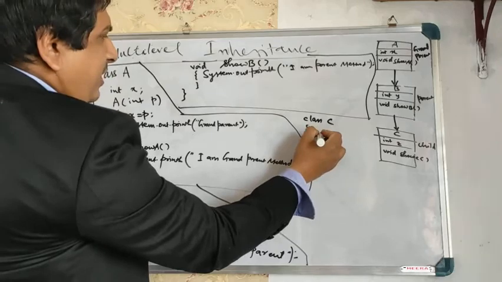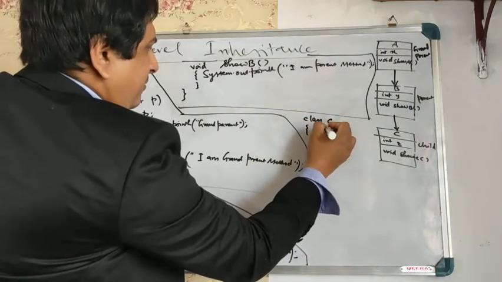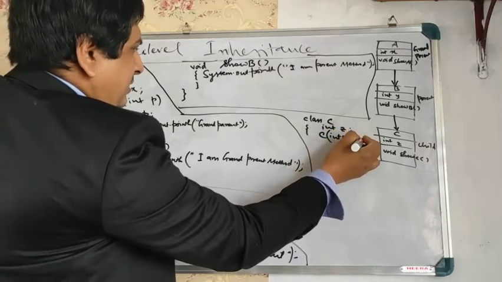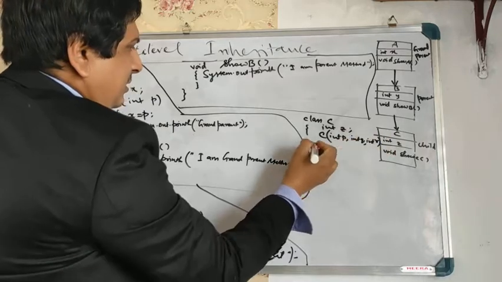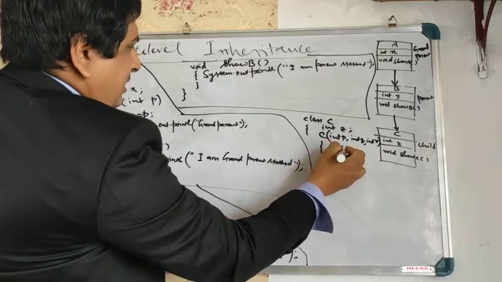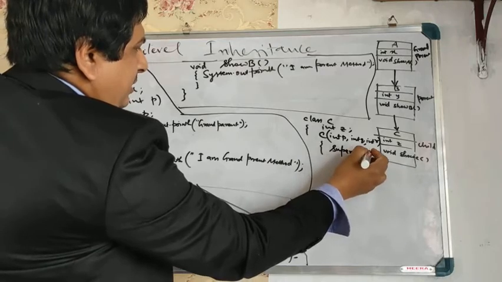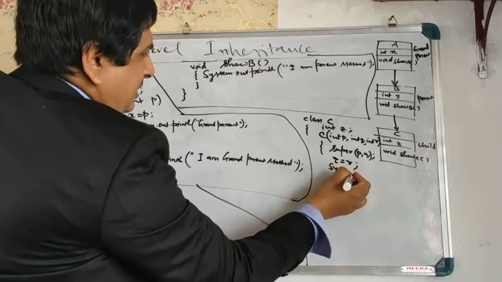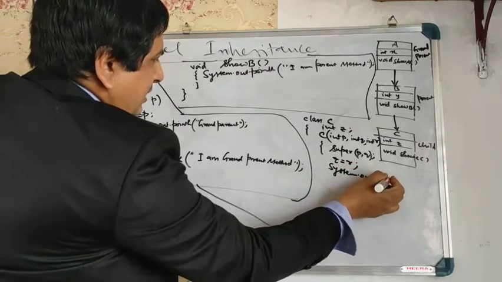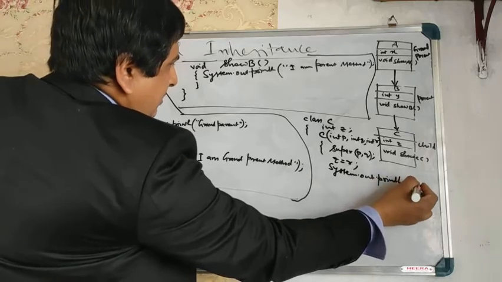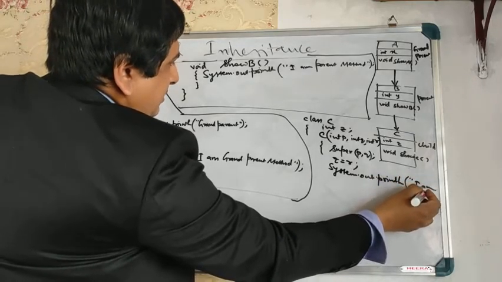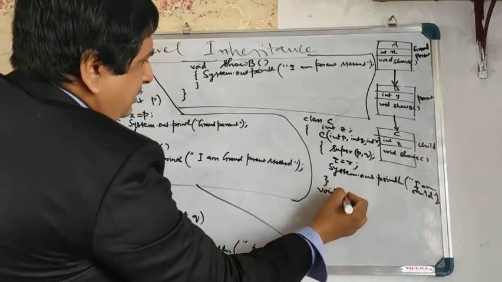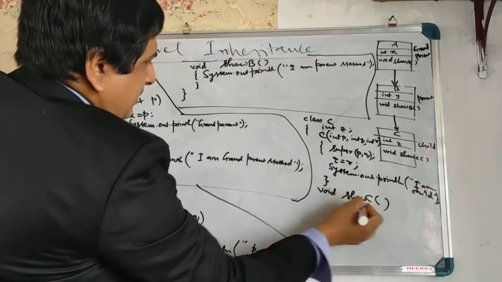Here I am defining the constructor, and here I am defining int z, and int p, int q, int r. Here I am writing super(p, q) and z equals to r, and again I am writing System.out.println("I am child"). And then finally void showC.